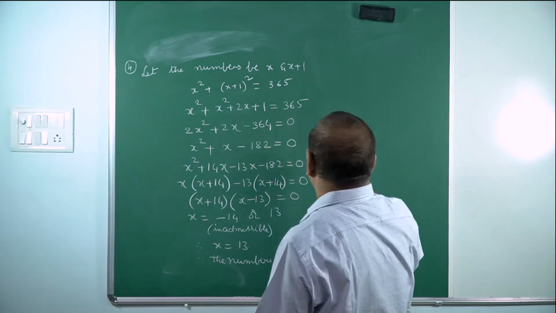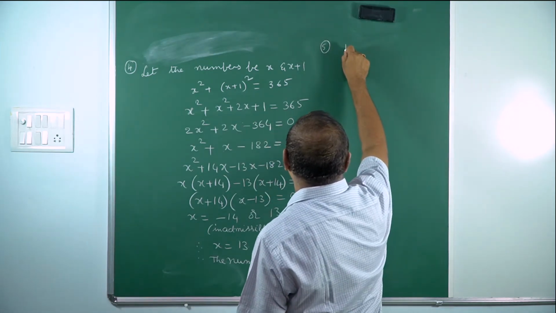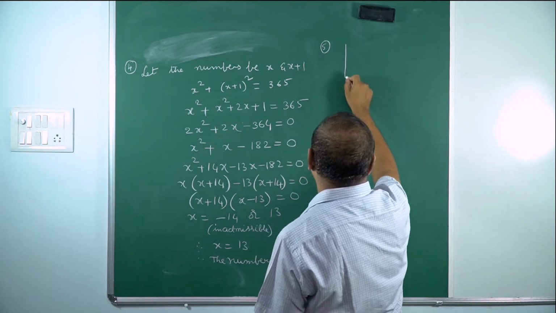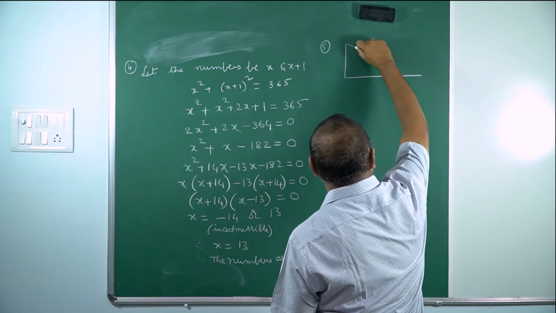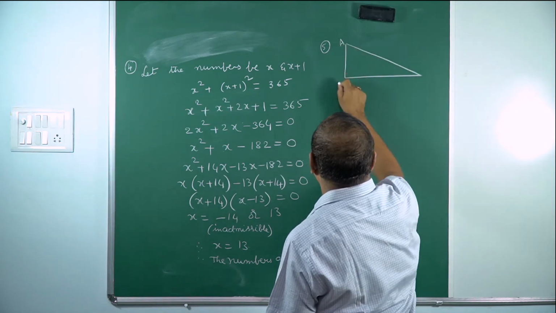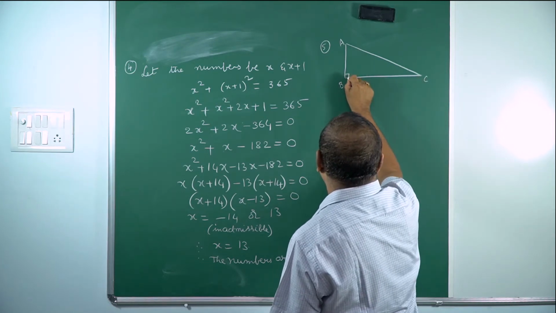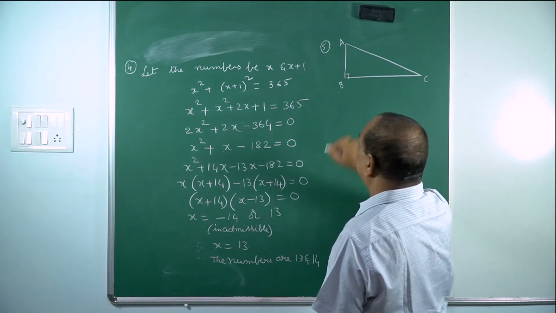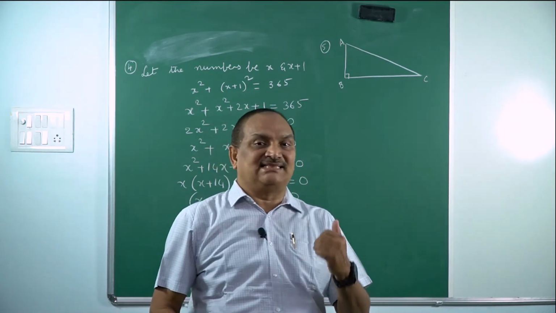Okay, so my question here is, this is the altitude which is less than the base, and the hypotenuse is 13, and this is a right angle triangle ABC, right angled at B. If you assume the base to be x, the altitude will be 7 less than that.